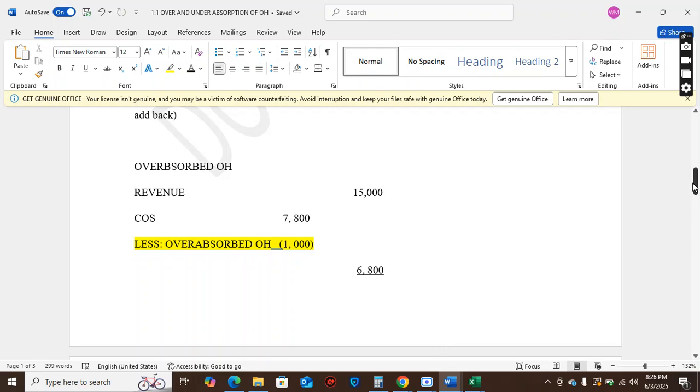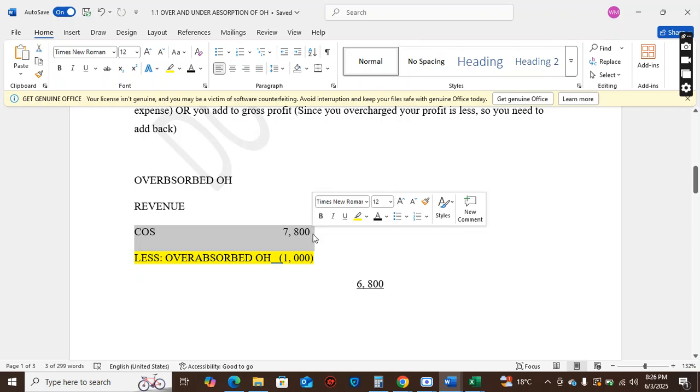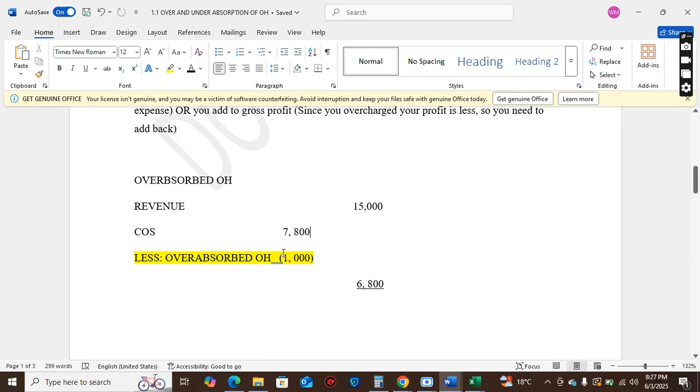Here's an illustration. You've got revenue of 15,000 and your cost of sales is 7,800. Since you over-absorbed, you charged more overheads to the units you are producing, so your cost of sales is going to be inflated. Let's say that the over-absorption was 1,000.